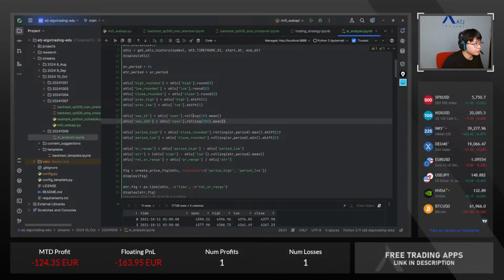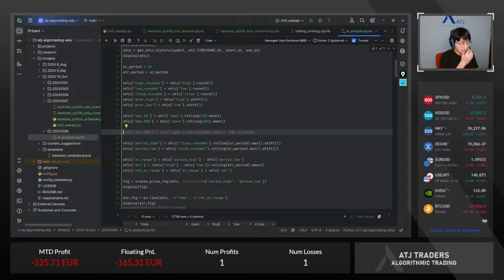And then I'm going to create a very simple function. So OHLC trend is equal to OHLC dot apply. I'm going to create a lambda function.